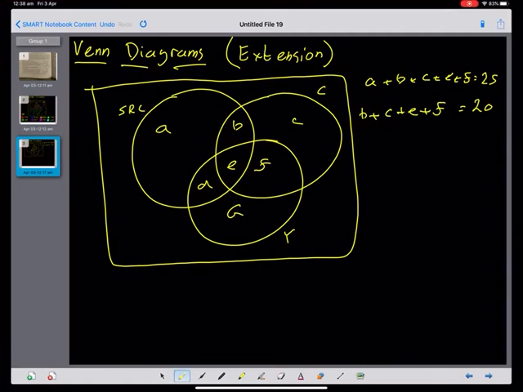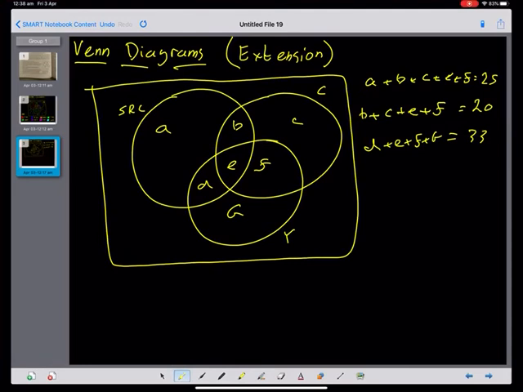Also, we know that yoga has 33 members. So we know that D plus E plus F plus G has to equal 33.